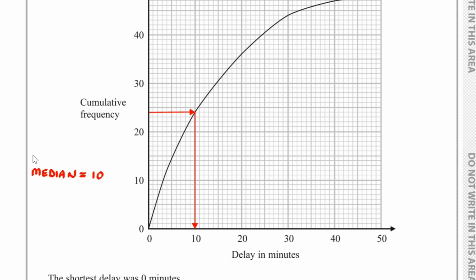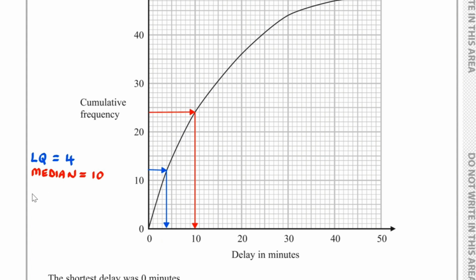Now I need to find the lower quartile. That will be 1/4 of 48, which is equal to 12. So I find where 12 is, and then I read across, and then I read down, and it turns out the lower quartile is 4.